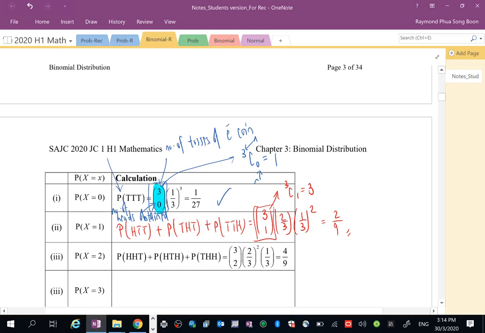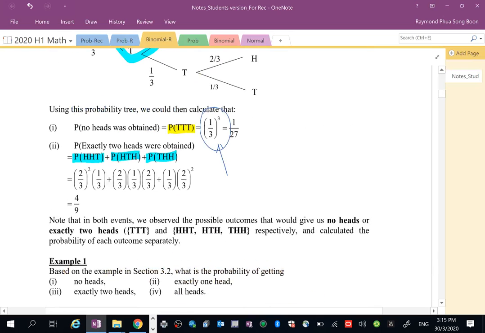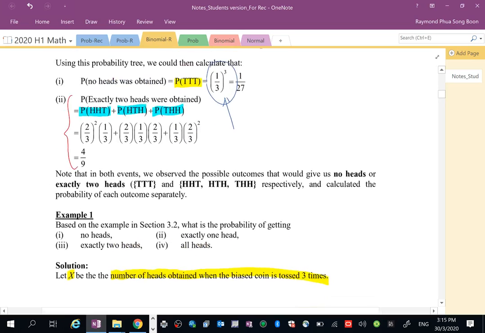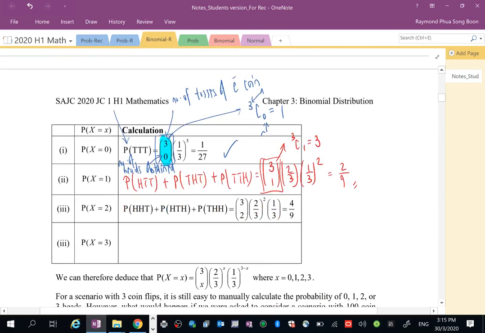Alright, now let's look at part 3. Probability X equals 2 means obtaining 2 heads. So it can either be head, head, tail, or head, tail, head, or tail, head, head. We have already calculated this part over here. So out of 3 tosses of the coin, I want to obtain 2 heads.